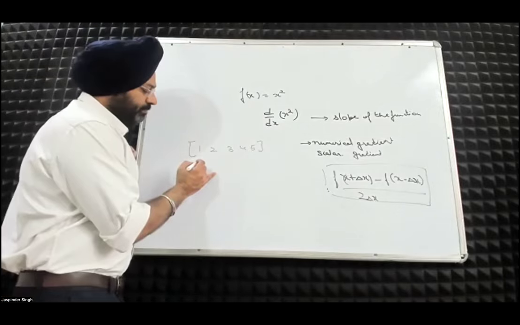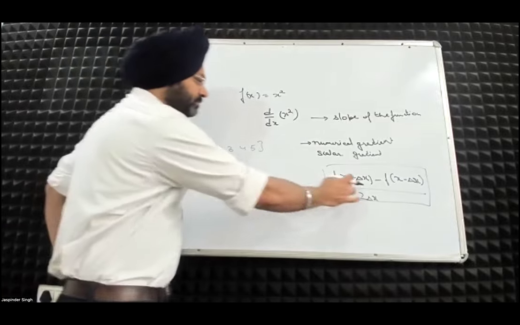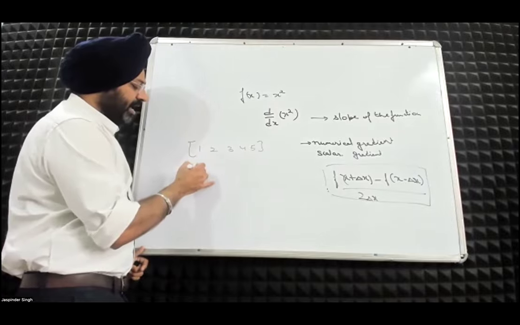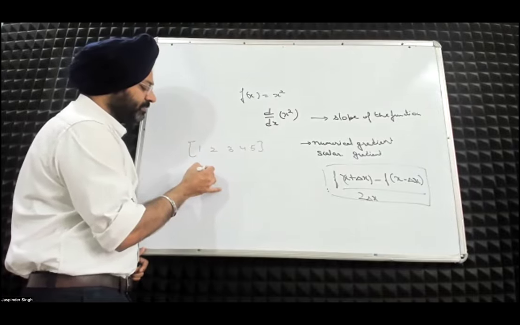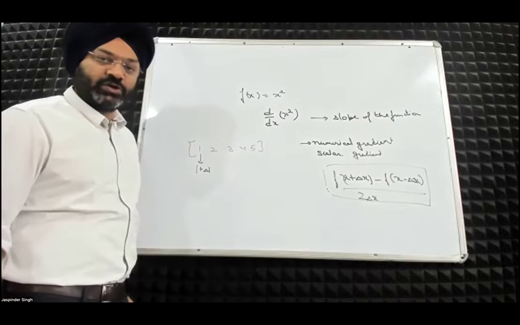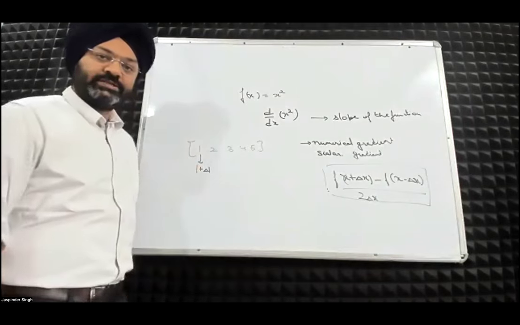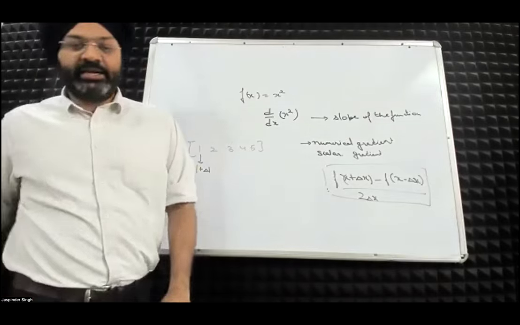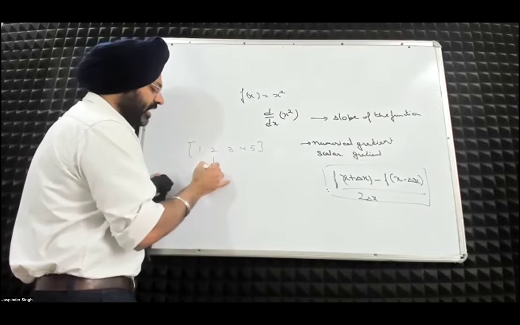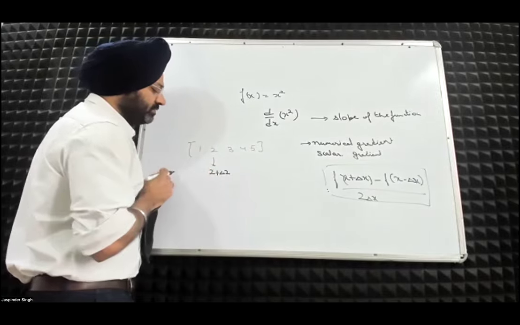Then, if I want to take the step, firstly I'll keep the others constant and take a small step in this direction, or for this index first. Then I will keep this one constant and take a step in this direction.